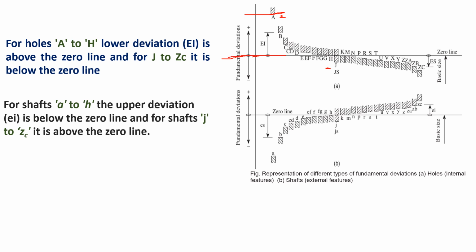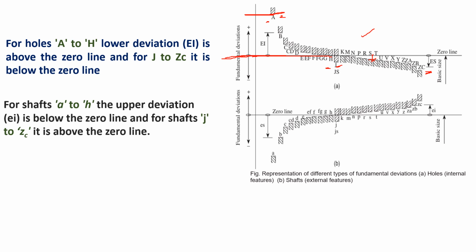Zero line is the basic size, and this is the lower limit. So for the holes from capital A to capital H, the lower deviation is above the zero line, and for capital J to capital ZC, this lower deviation is below the zero line.